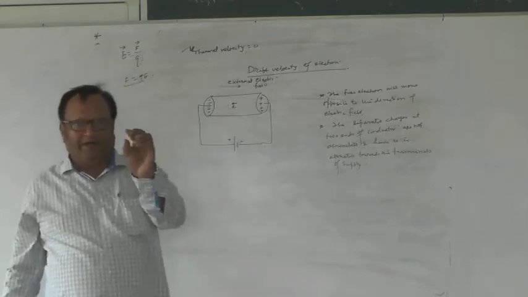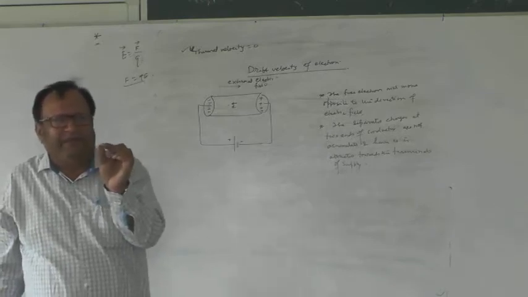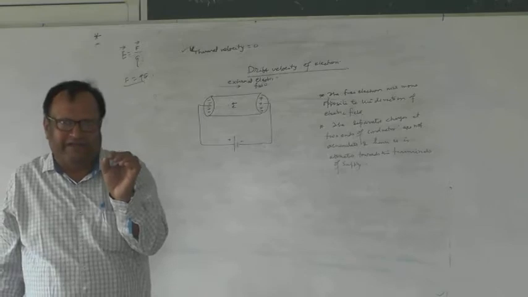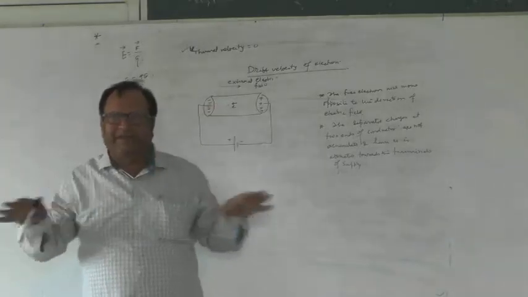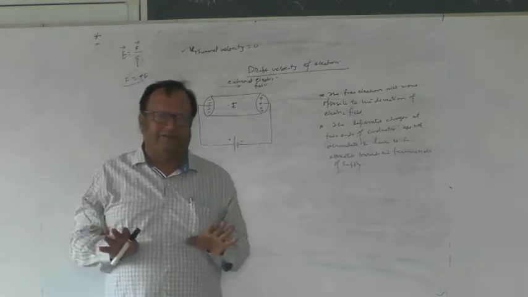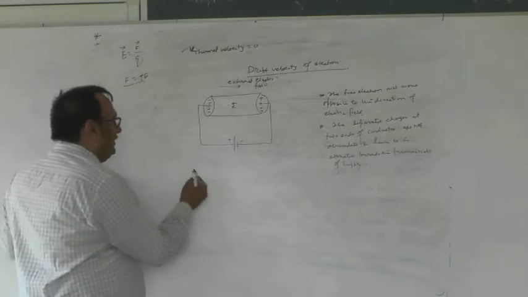Suppose, to understand the collision and the drift velocity, I am just telling you a very simple way to understand: every molecule or every free electron inside the conductor should be taken as dead except one. Now suppose one electron is here.